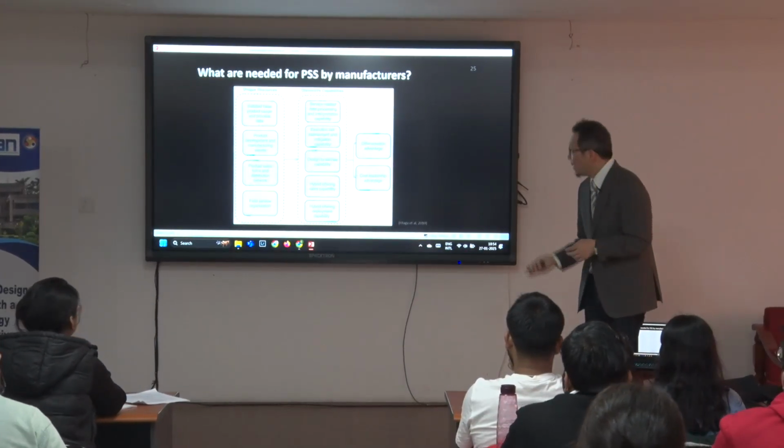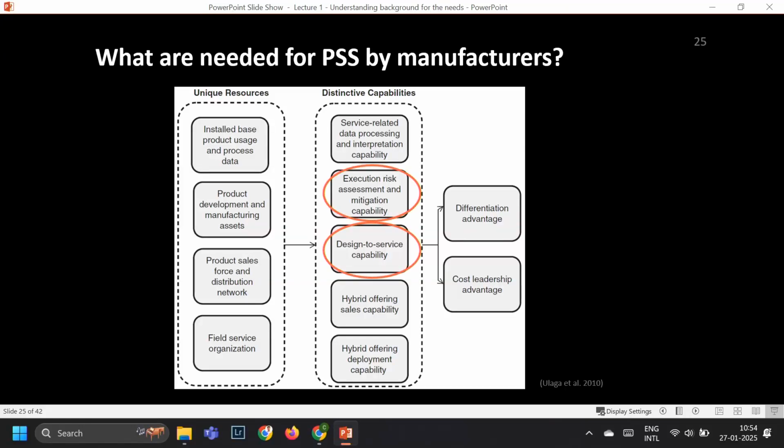And another relevant thing is risk assessment and mitigation. This is also relevant to a few topics you will be learning this week, how to address different types of uncertainty and risk management, and so on.